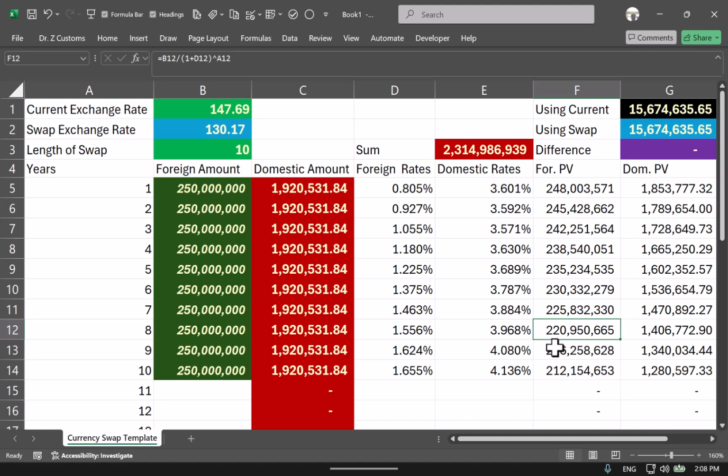The net effect is they have $10 billion to sell right now, right? Which means, if the market is speculating, they're basically using that 10 billion to defend the currency, but they have to pay in the future. But either way, if you know roughly your exposure to foreign currency over the next 10 years, maybe even different amounts, all you have to do is go ahead and calculate the swap.